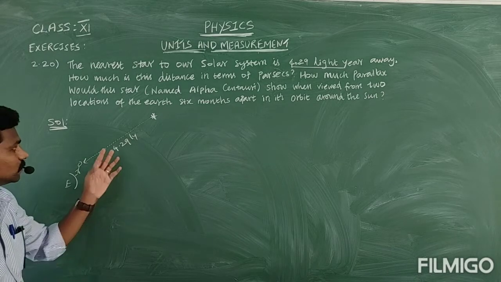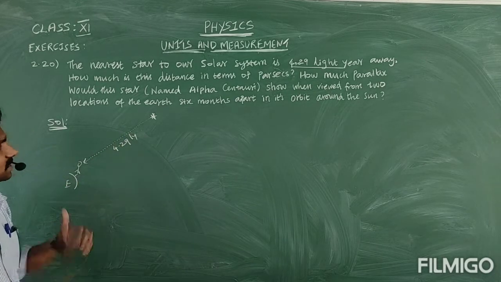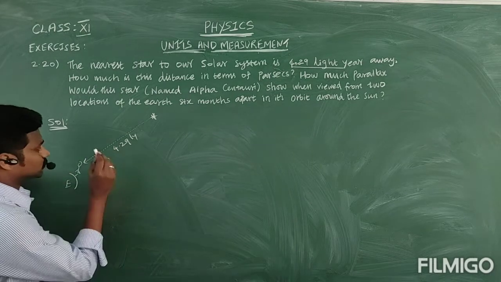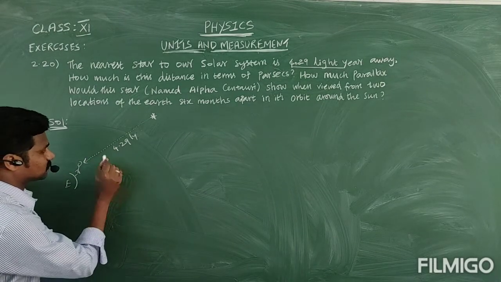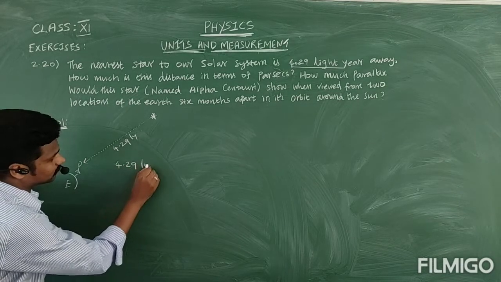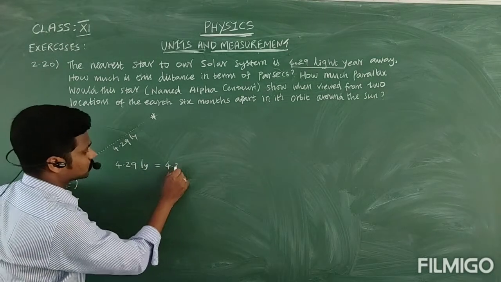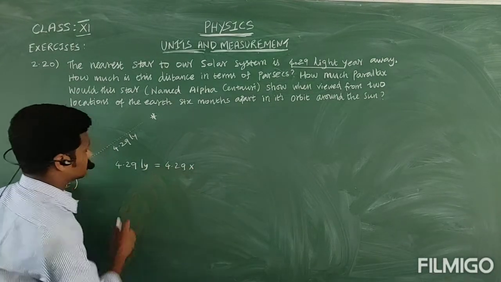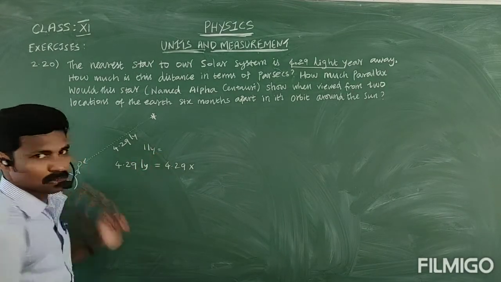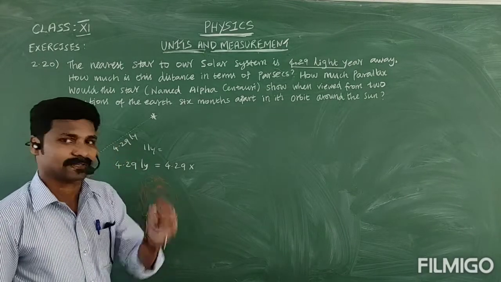So that means how much distance. First you should calculate how much distance, then convert it into parsec. The given distance value is 4.29 light year, that is 4.29 into 1 light year. 1 light year means the distance light travels in one year.